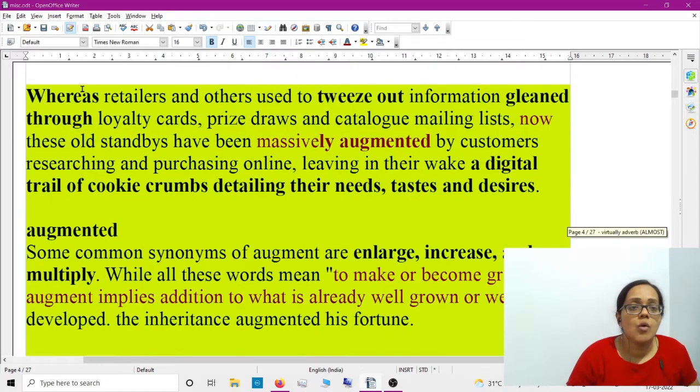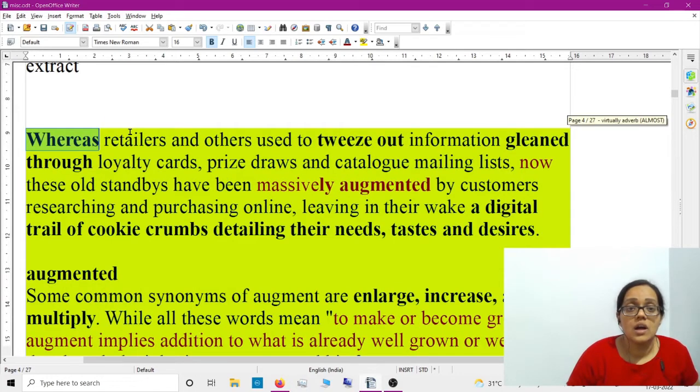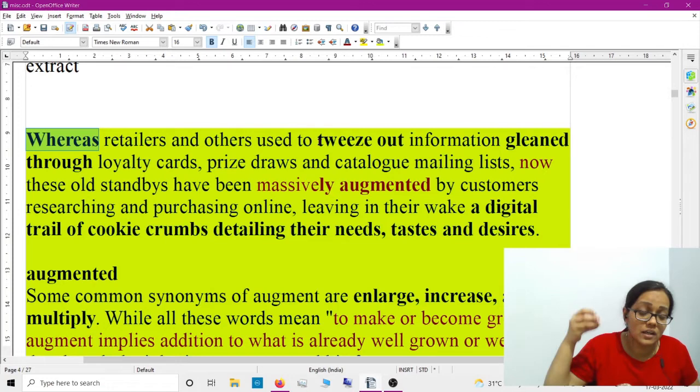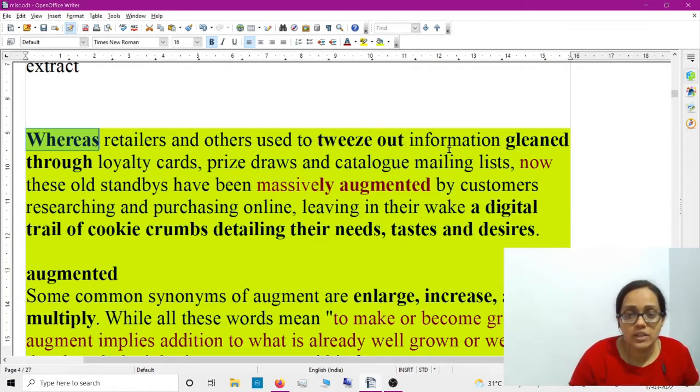Whereas at the same time, whereas retailers and others used to tweeze out, they pluck, they grasp, obtain, tweeze out information, glean through. Glean what? It's like extracting the information through loyalty cards, price draws and catalog mailing lists. Now these old standbys have been massively augmented.